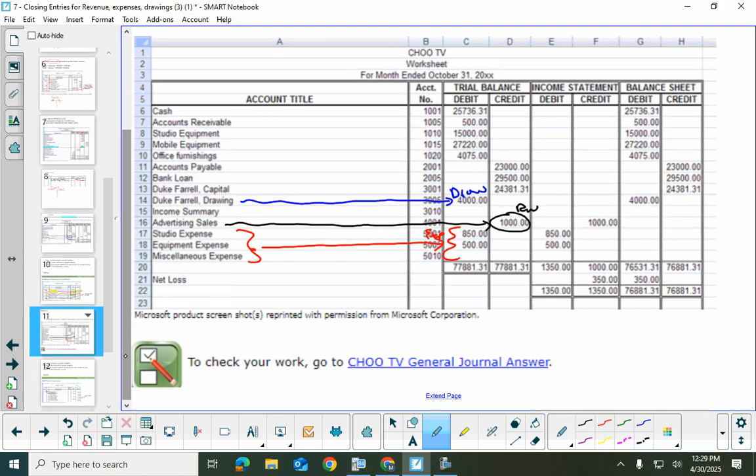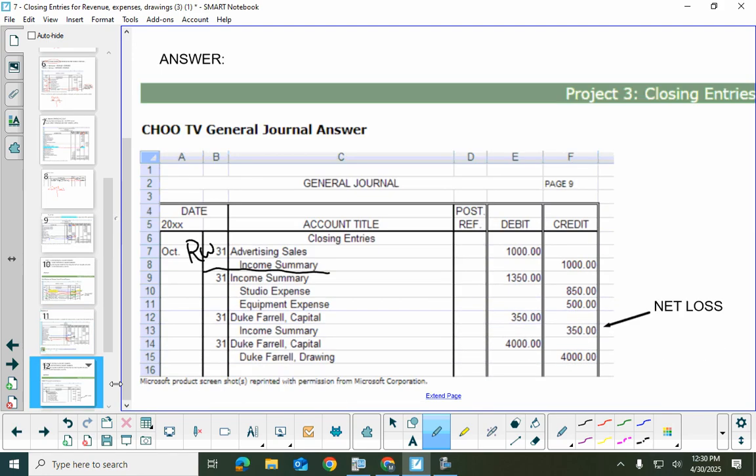Your expenses all have a debit balance, so I'm going to credit them to close them off. This total gets put to income summary. So that is your expenses. So now look at income summary.